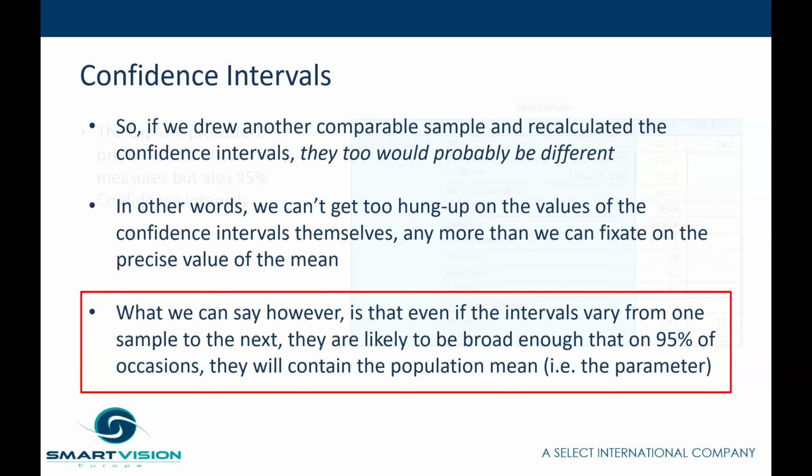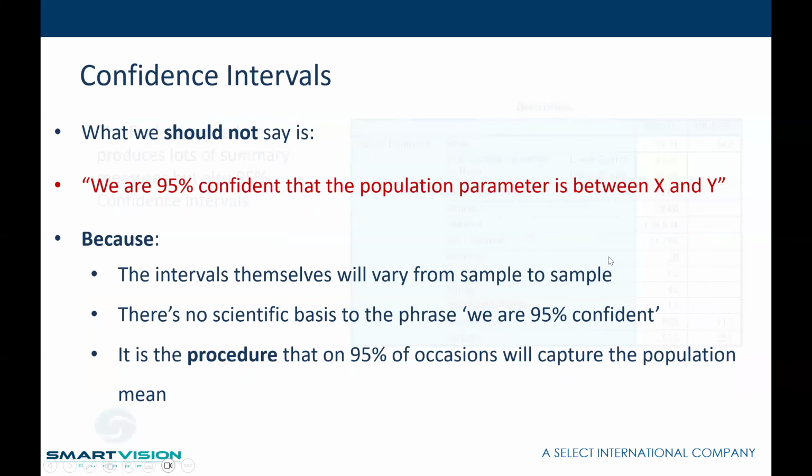That's why I've been very careful of my language here to say that the intervals will on 95% of occasions contain the population mean. In other words, it's the technique that will find the mean. The intervals themselves will vary from sample to sample. There's no scientific basis to the phrase we are 95% confident. It's the procedure that in 95% of occasions will capture the population mean.